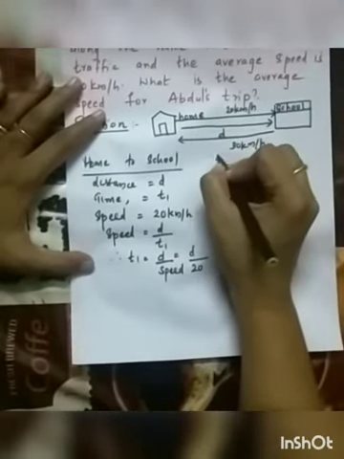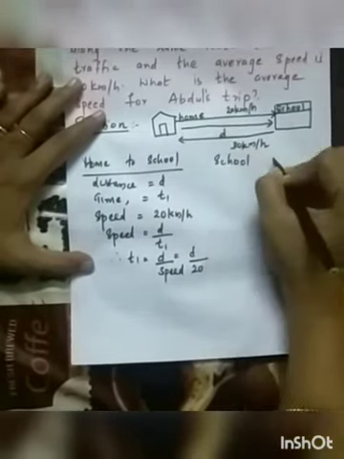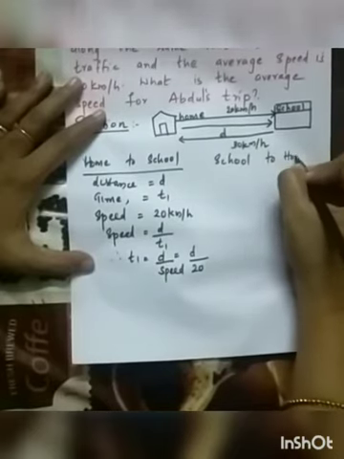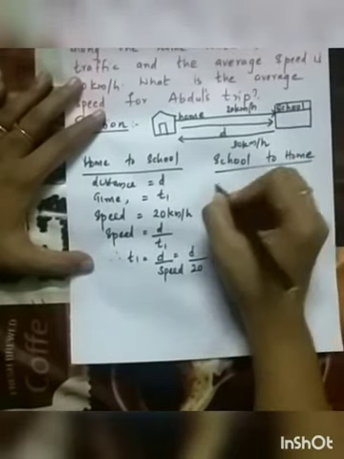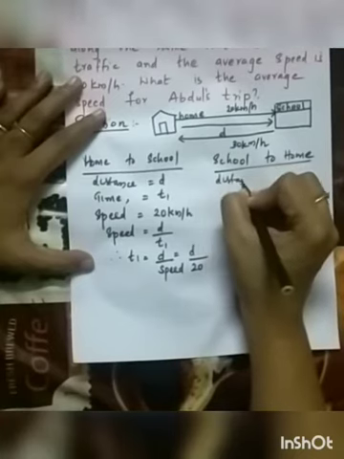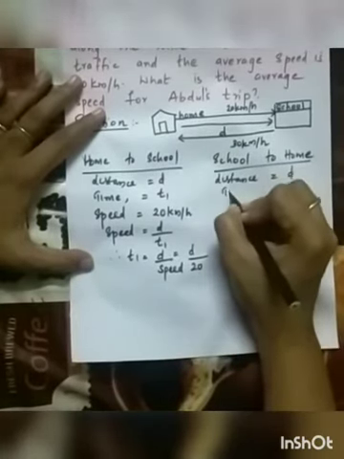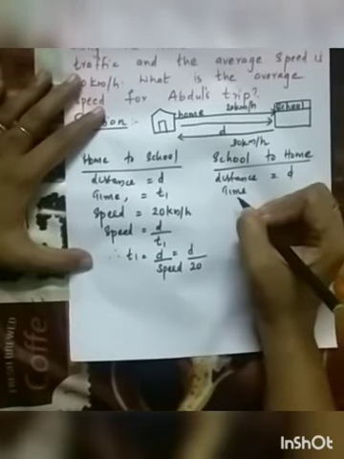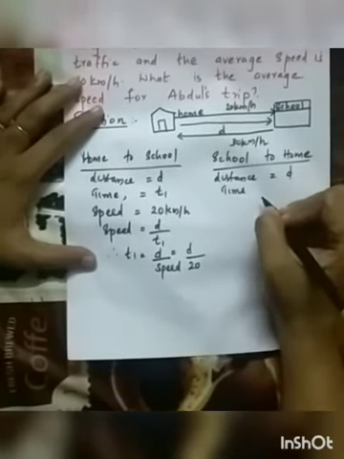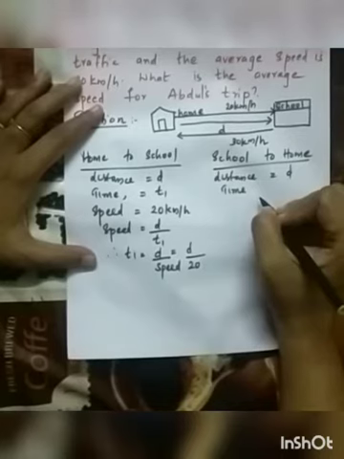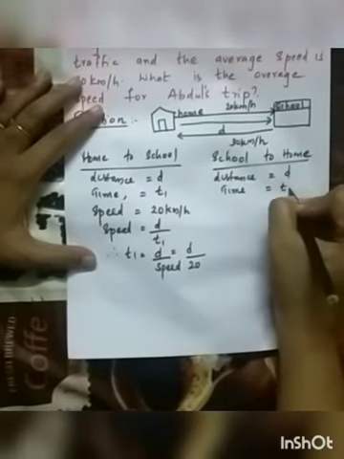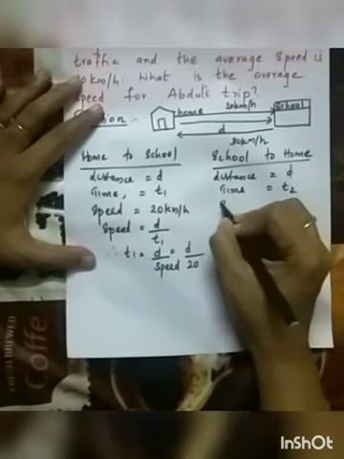Next, consider his return trip, school to home. In this case, distance is not going to change. Distance remains the same, d itself. But time will change because there is less traffic, so the time taken might be less. Let the time be t2.